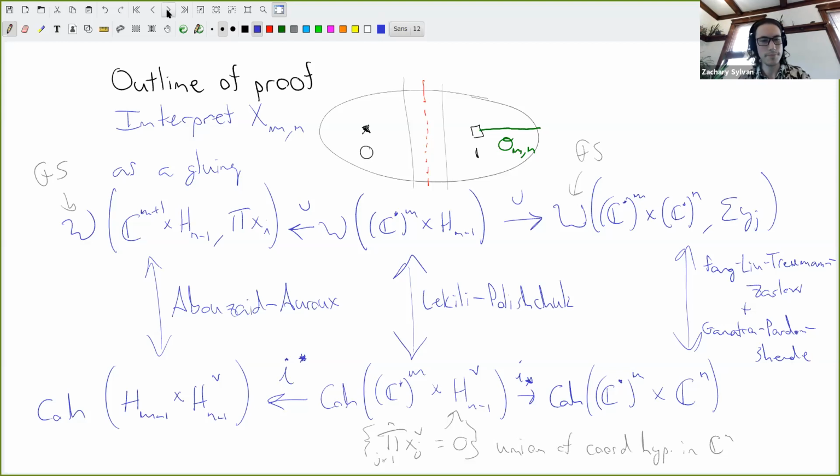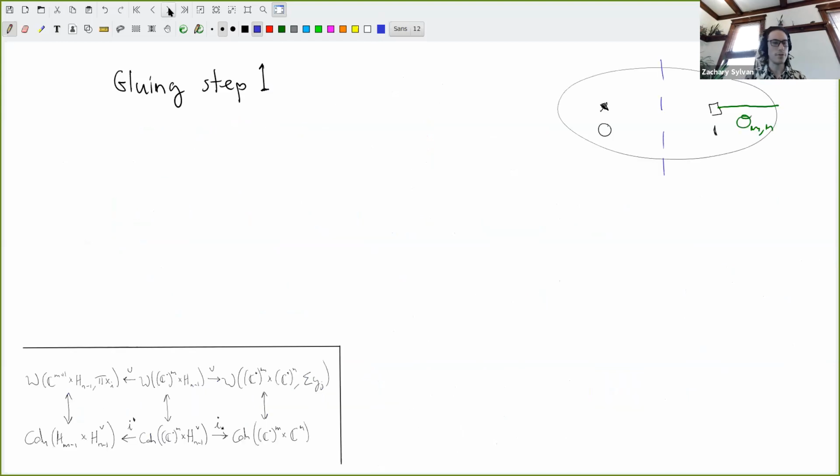Okay. So the first thing we're going to do, after we've cut these things apart, right? We have something with 0 and we have something with 1, and we've cut these apart along this dashed line, and we're going to glue them back together. But I'm not going to glue them back together in one step.